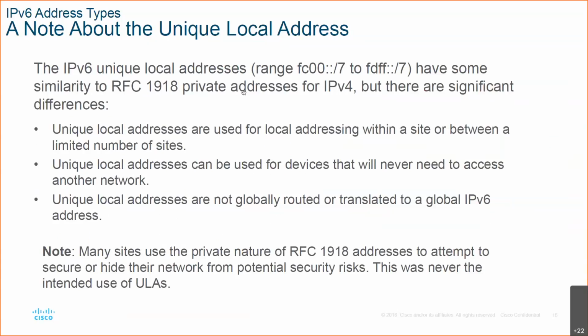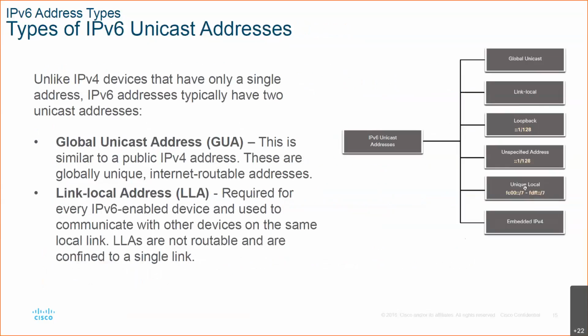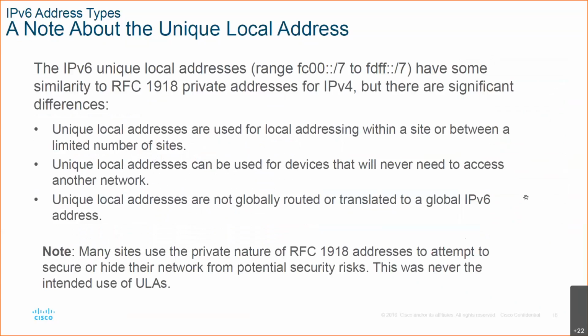They range from this hexadecimal value /7 to this hexadecimal value /7. Here /7 means the network portion is only 7 bits. We are talking about this one, the unique local address, which is used only for local addressing.